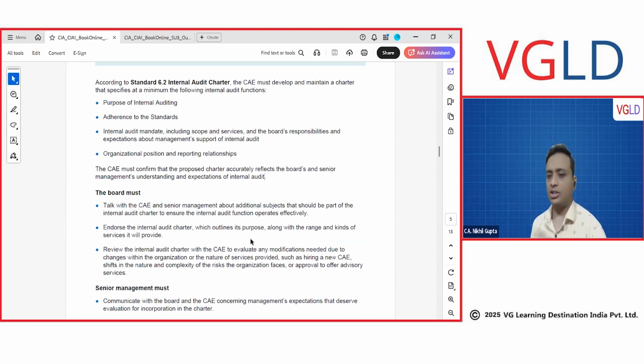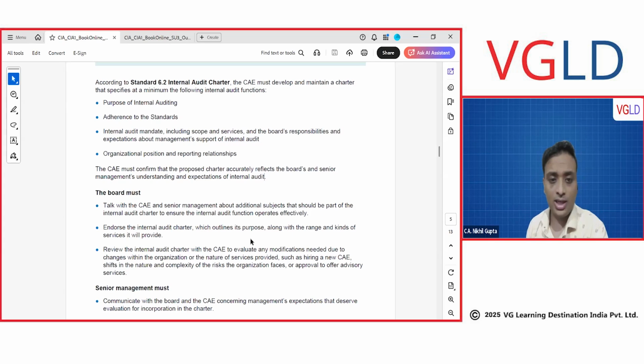Means if there is any additional subject which the board wants to highlight, they have to first reach out to the chief audit executive, discuss their understandings and requirements, and include those things in the internal audit charter so that internal audit functions operate effectively. Whatever they want should be documented in this charter.